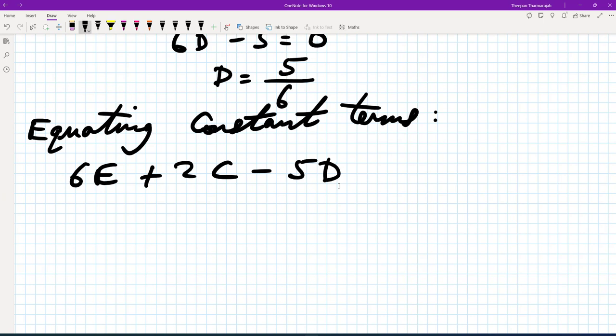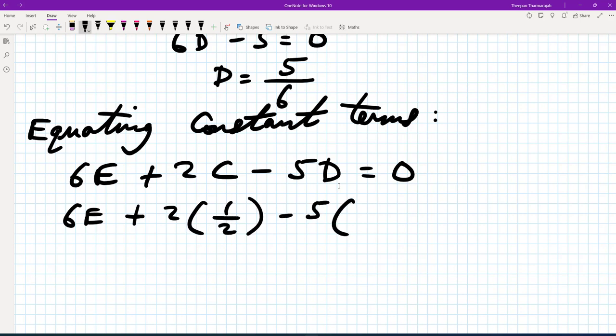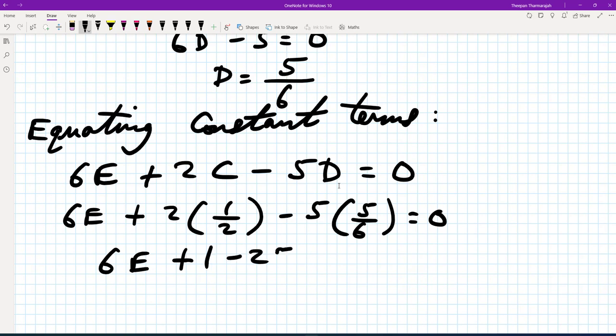Now notice that there is no constant term on the right hand side, so that's going to be equal to 0. But we do know what c and d are. So 6e plus 2 times a half minus 5 times 5 over 6 respectively equals 0. So 6e plus 1 minus 25 over 6 equals 0.